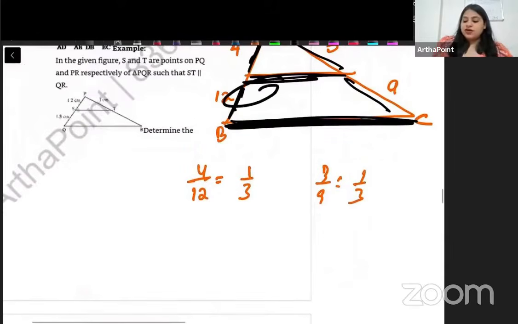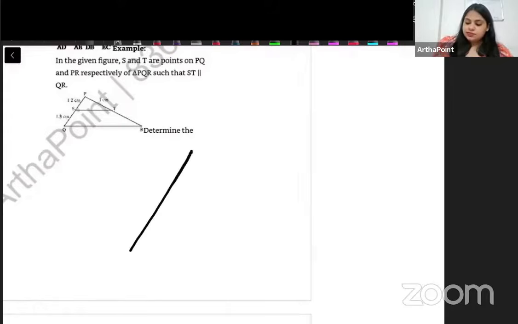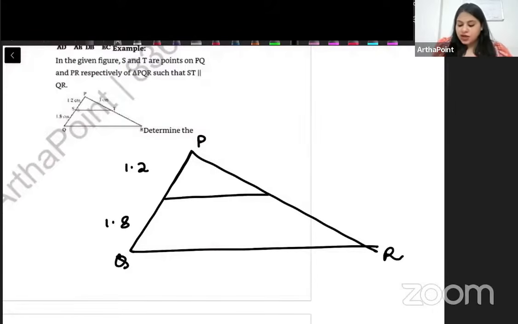Okay, now let us take the first question for the day from this triangle topic. So you are given this triangle, with points P, Q, and R, and you are given that this is 1.2 and this is 1.8, and this is 3 centimeter.